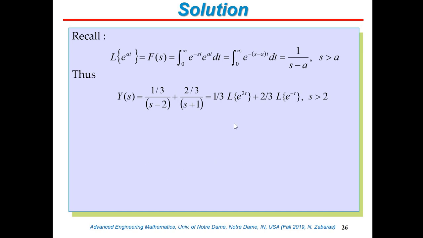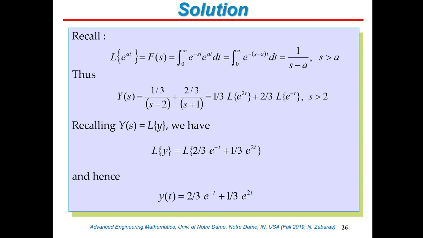So effectively, immediately you can recognize that the function of interest, the solution to the initial value problem, is nothing else but 2/3 of e to the minus t and 1/3 of e to the 2t.